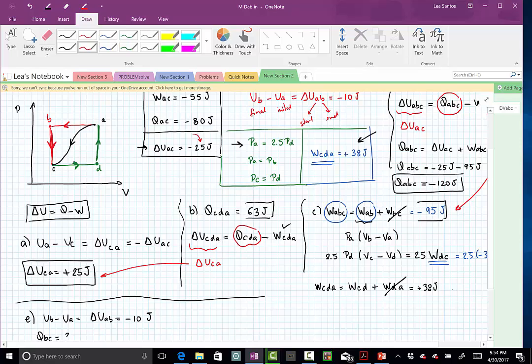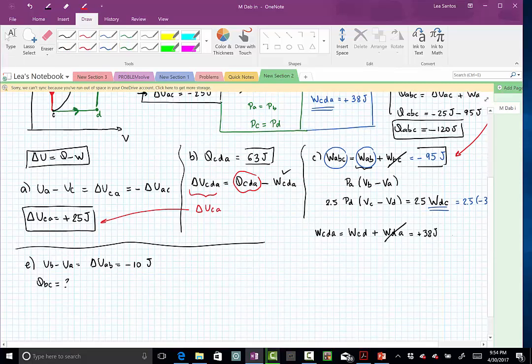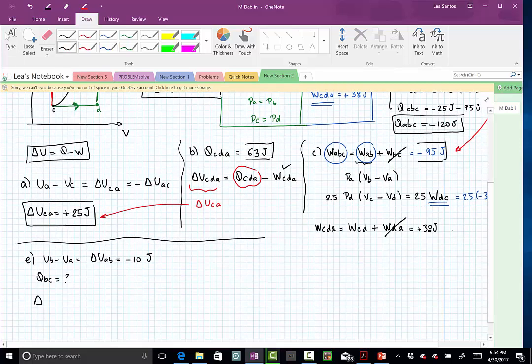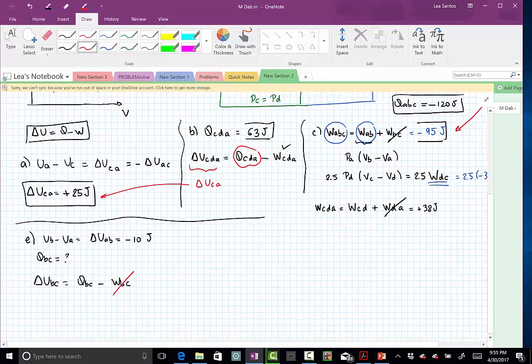All right. Again, if I go to the equation for the change in internal energy, what I know is this: delta UBC is equal to QBC minus the work BC. The work BC, as we just pointed out here, is isovolumetric, so there is no work. This is just 0.